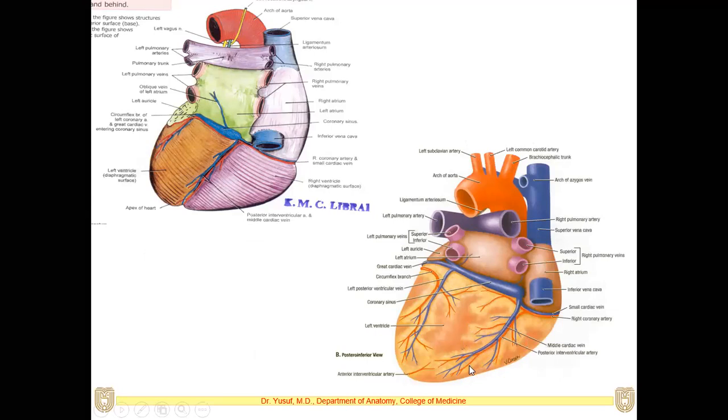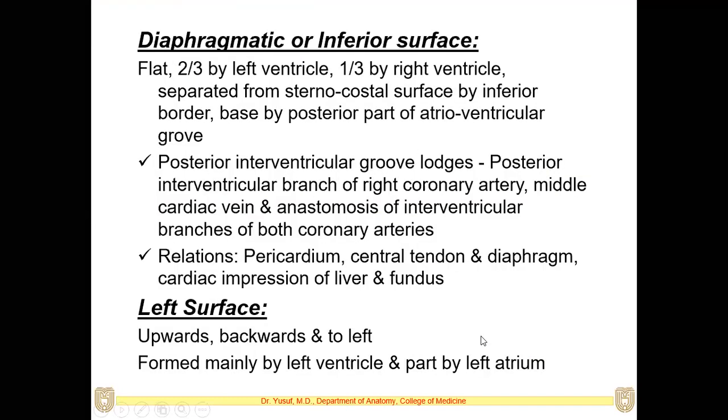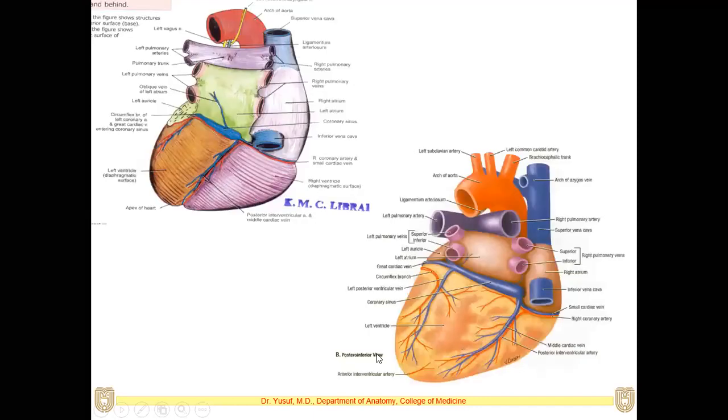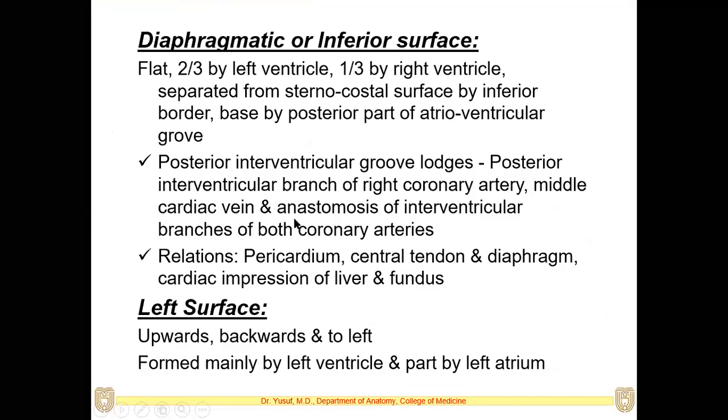Here is the right coronary artery giving its branch, the posterior interventricular branch of the right coronary artery, as well as the middle cardiac vein. So these are the two structures there, and the anastomosis of the interventricular branches of both coronary arteries.